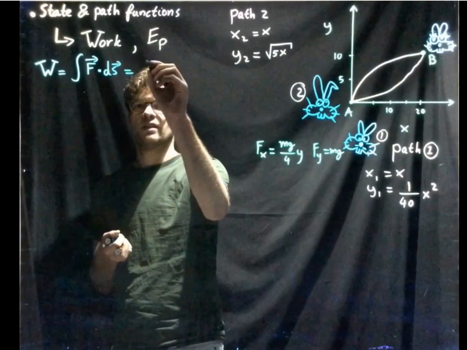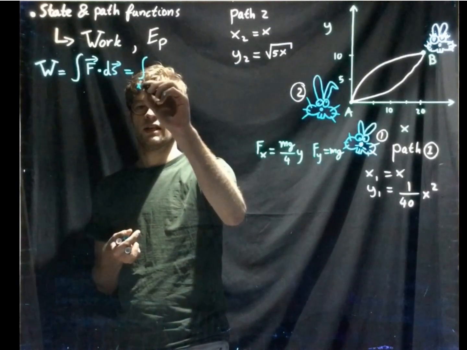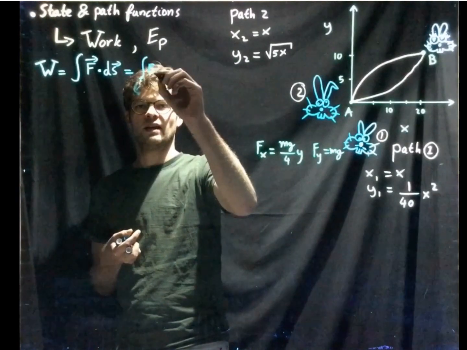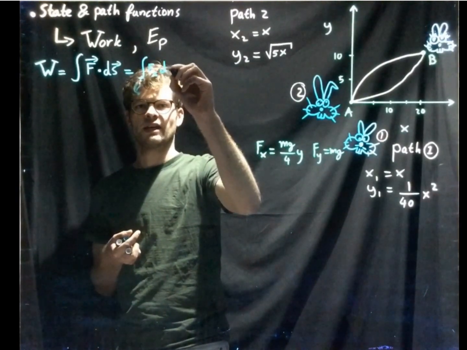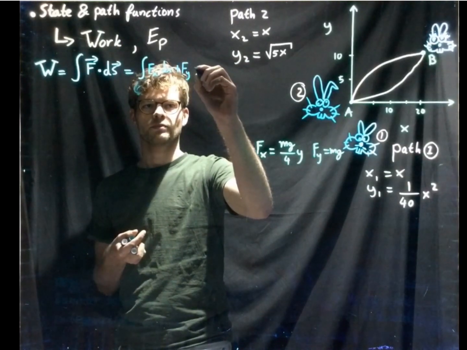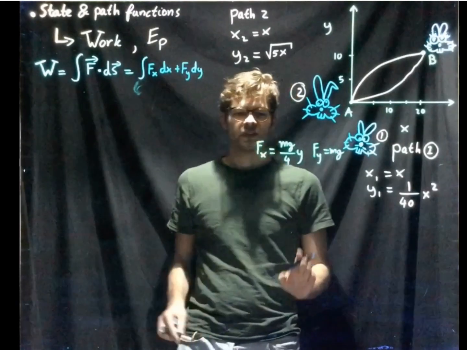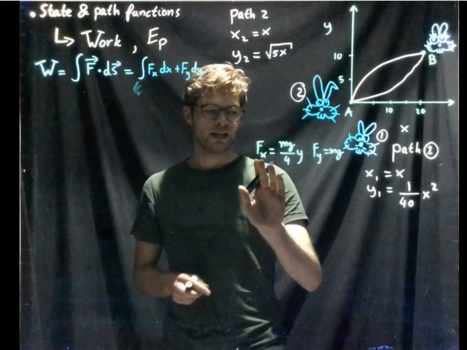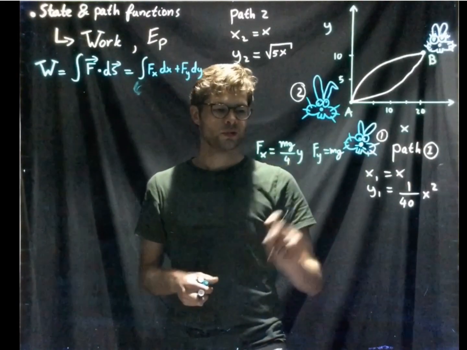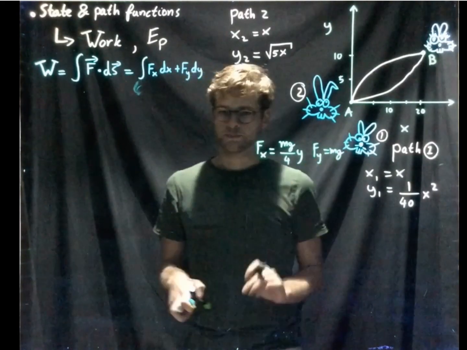By computing this inproduct, it will lead me to the integral of Fx dx plus Fy dy. For both rabbits I know that the force in x direction will be mg over 4 times y, so the gravity force over 4 multiplied by y, and the force in y direction will be equal to gravity, mg.